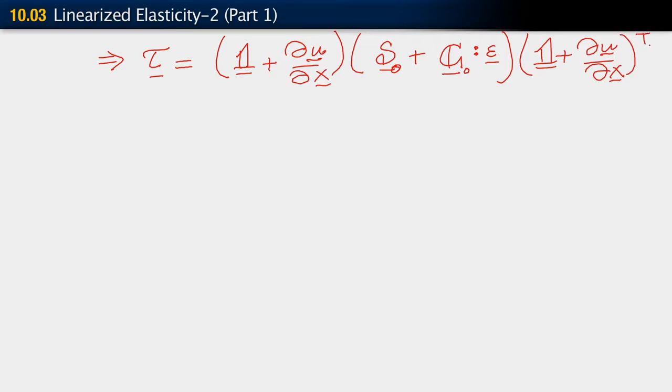Now, when you carry this out and we write terms only of zeroth and first order in the displacement gradient, we get the following, right?